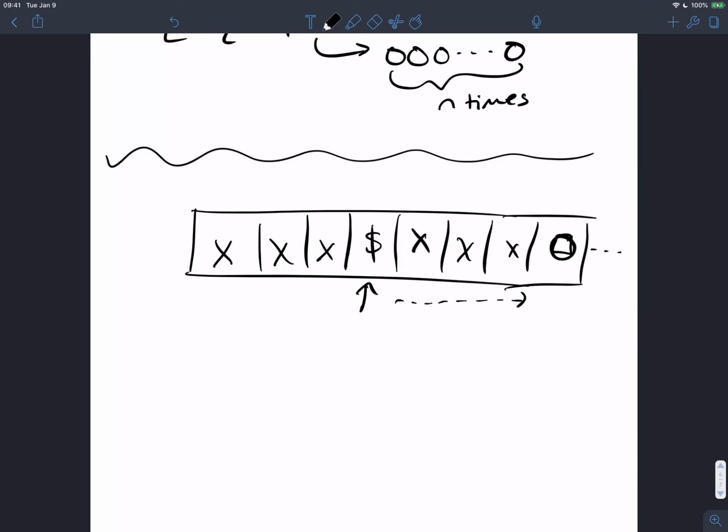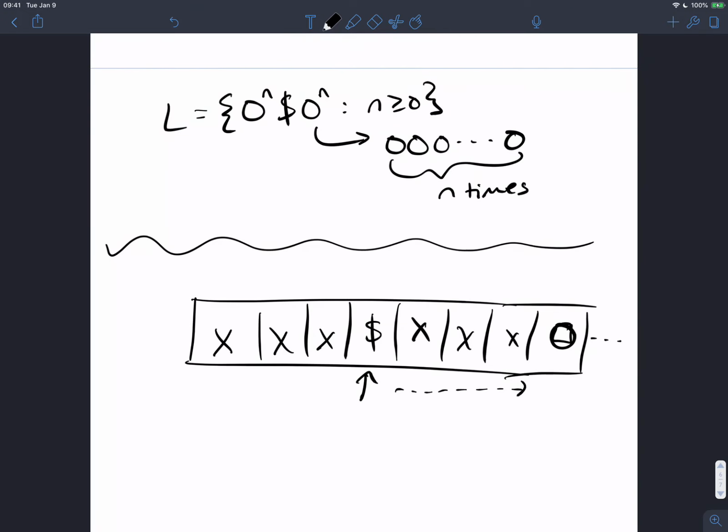If I see a blank, what should I say? This is success, right? If I see anything else, other than an X, obviously, reject, right? So if I see a 0, I reject. If I see a $ sign on that side, why should I also reject? Right, it's not in the language, because the language says there's exactly one $ sign in every single input.